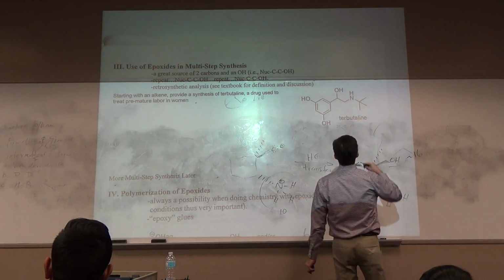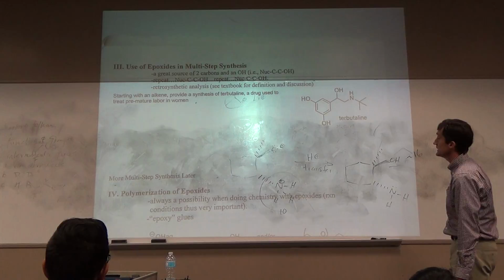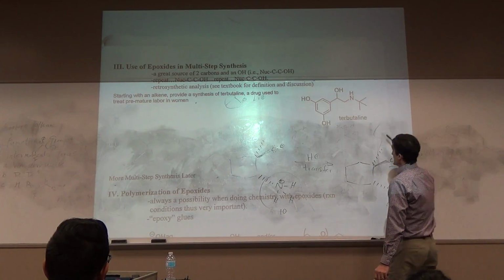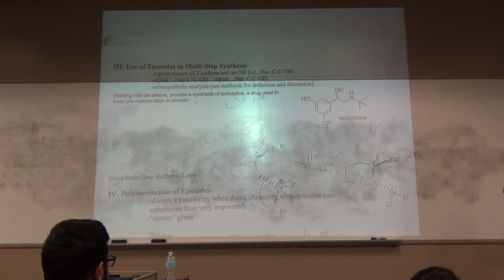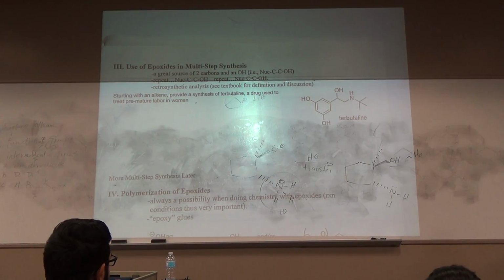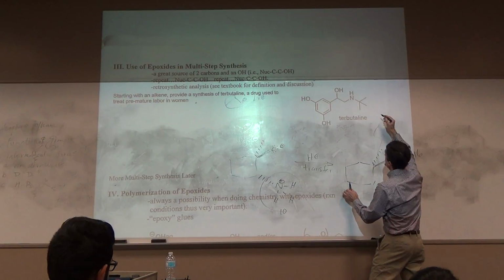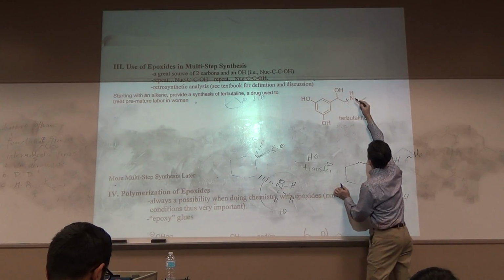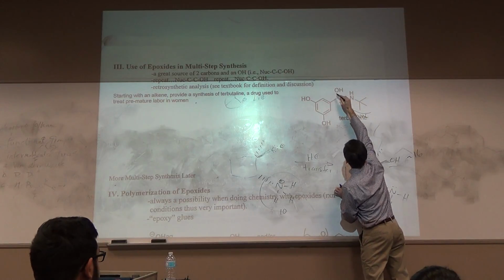Thinking backwards. Terbutaline, okay? Used as a drug to treat premature labor in women. Can you synthesize this by an epoxide reaction? Using an epoxide as maybe an intermediate. Do you see what could potentially be a nucleophile carbon-carbon OH? Yes. I know amines can be nucleophiles. I can have a nucleophile carbon-carbon OH.